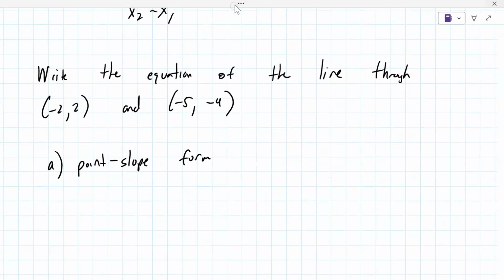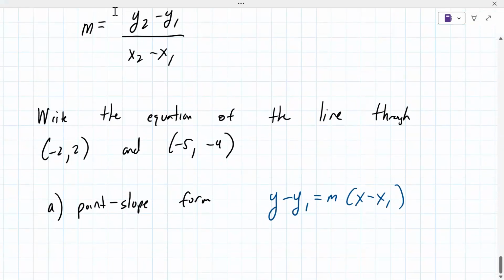form. Okay, so that's the one where it's y minus y1 equals slope times x minus x1. And notice you don't have the slope this time. In the previous problem, I gave you the slope, which is why I wrote down the slope formula. So you can use the slope formula to find slope, and then you use one point or the other to find the equation here.